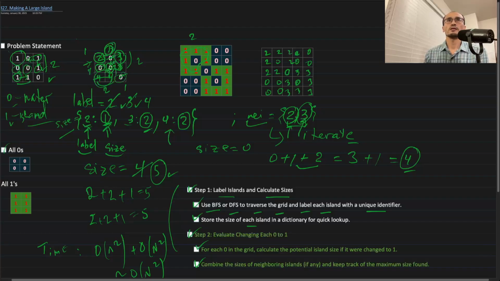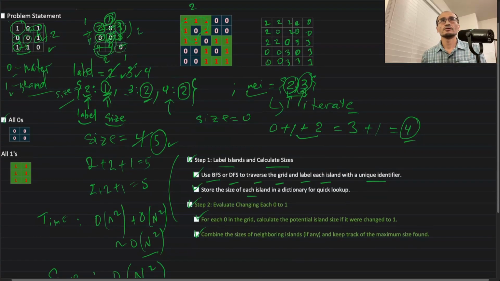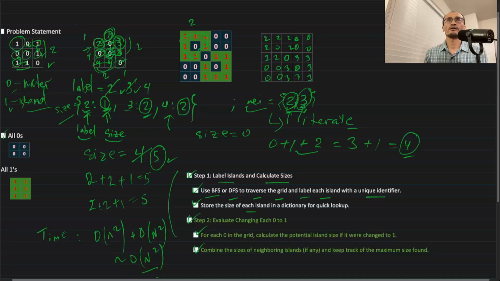So we can see the maximum island. We can follow the same algorithm here. So for the maximum island, we find the area of the first grid is basically 7, and the area of the second grid is also 7, right? So we can follow the same steps.